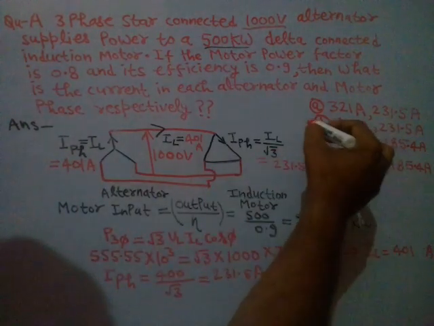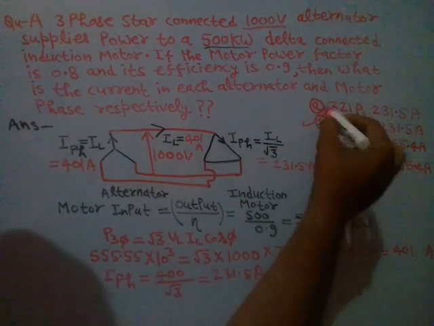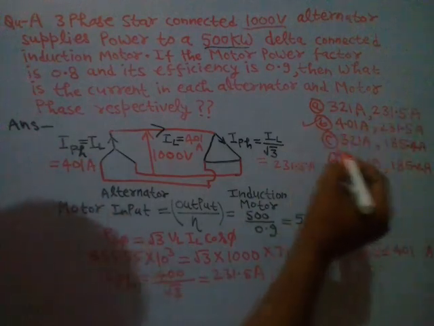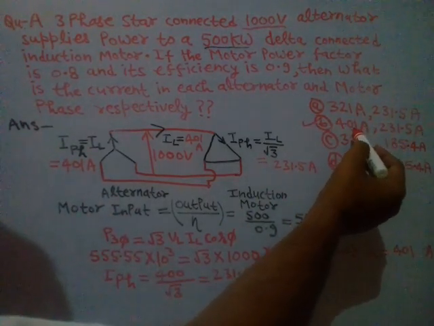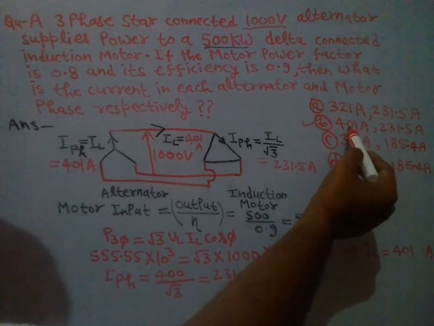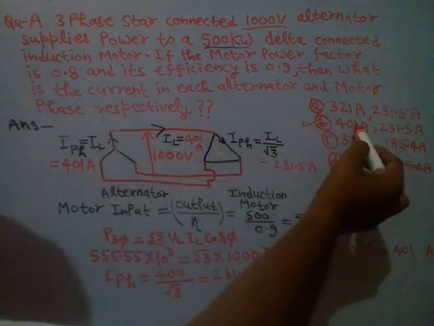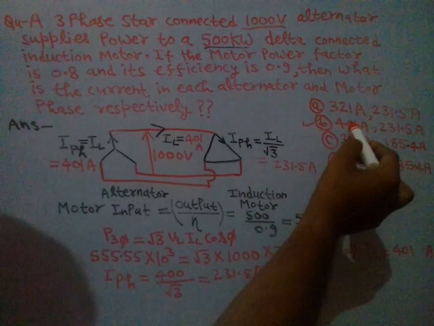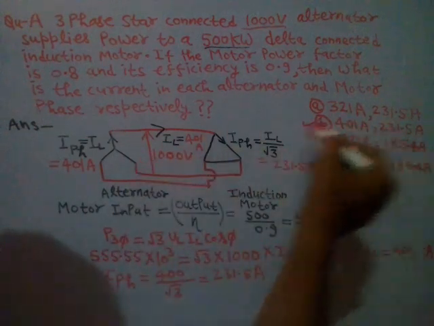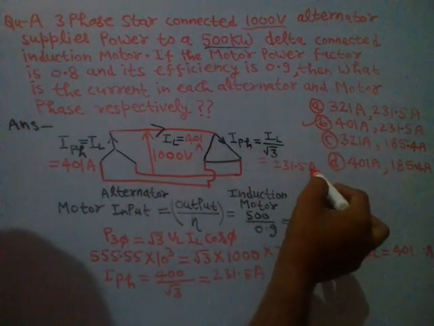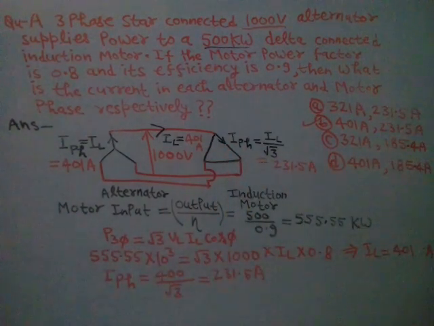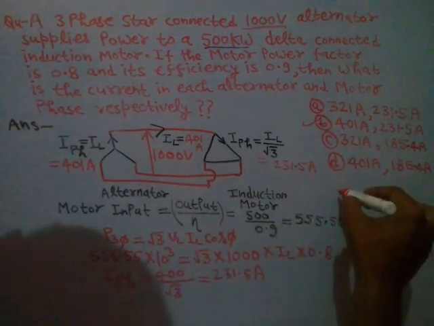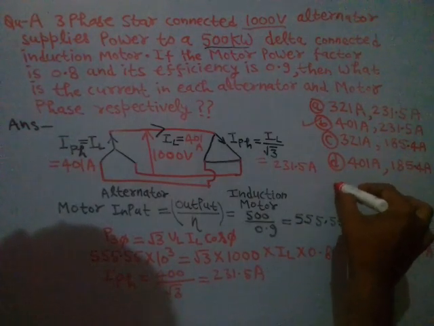So here you can see that option B is correct. 400 ampere is the line current, which is the phase current in the star connected alternator. In each phase 401 ampere, and 231.5 ampere for each phase in the delta connected induction motor. So your option B is the correct option.